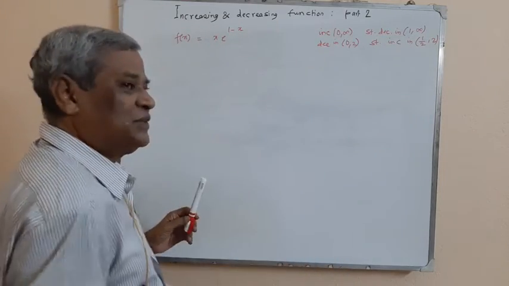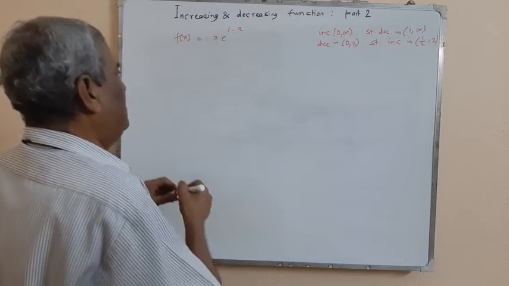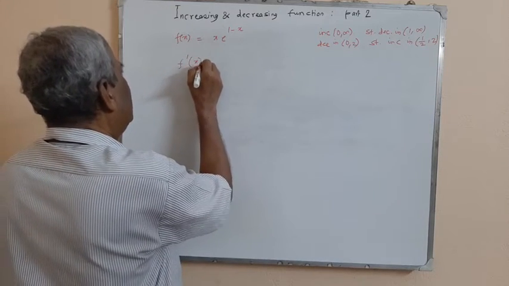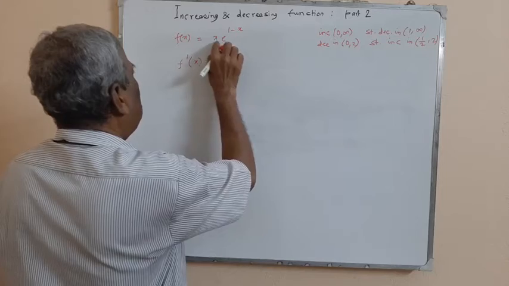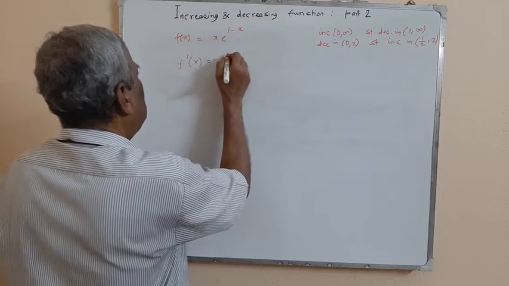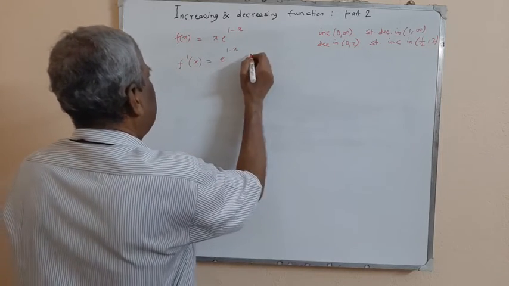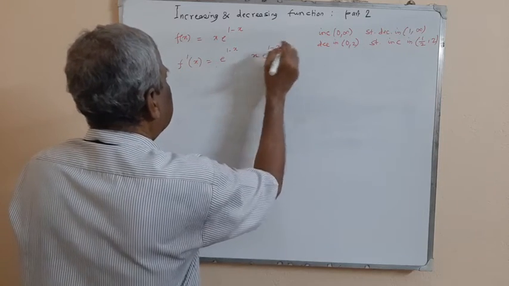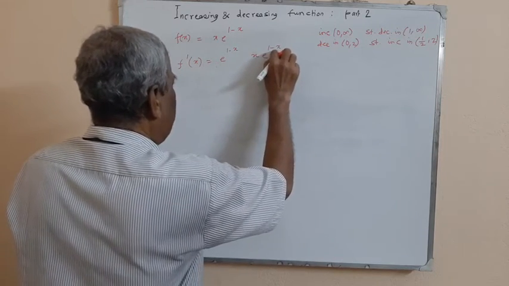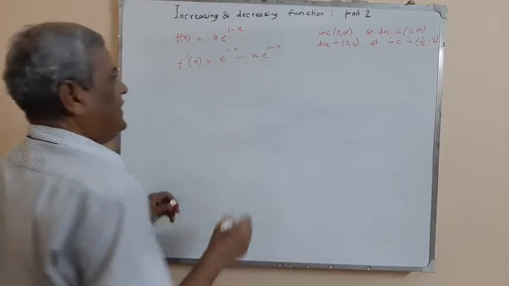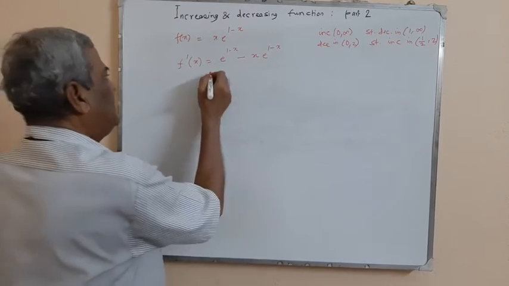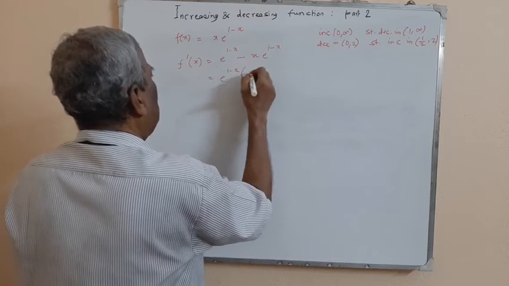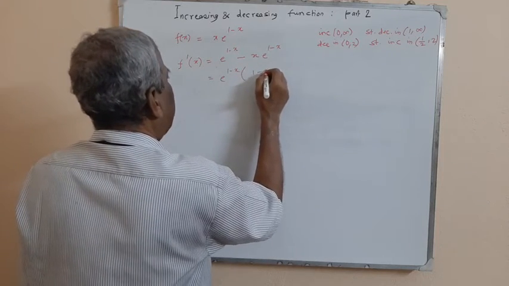For that purpose, we have to find the derivative. f dash x is equal to, it is a product of 2, so 1 into e to the power 1 minus x, then next x into e to the power 1 minus x, and derivative of that is minus 1. That's why it is negative. So e to the power 1 minus x can be taken common, 1 minus x.